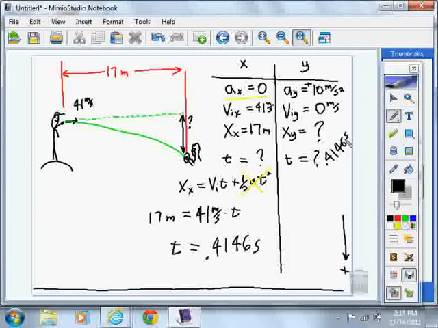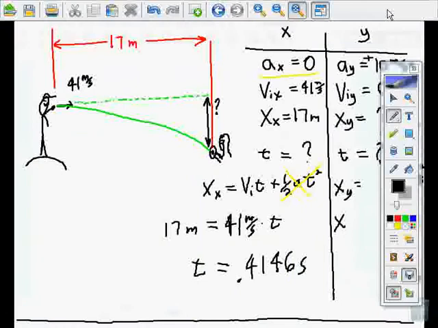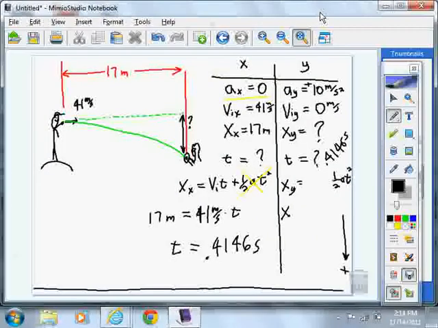And then basically I have x in the y direction equals VIY T plus 1/2 AT squared. x of y is going to equal VIY, which is 0, so that whole first term goes.